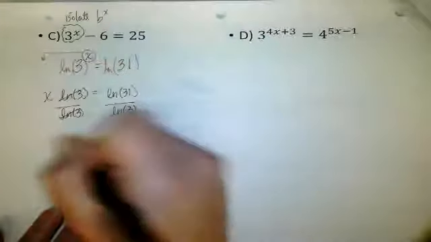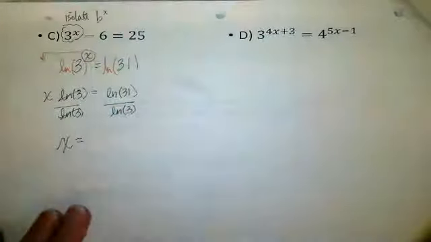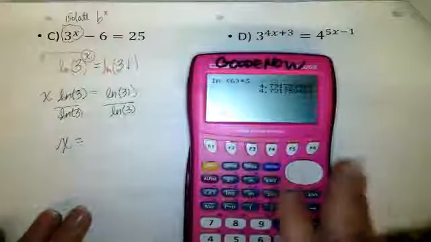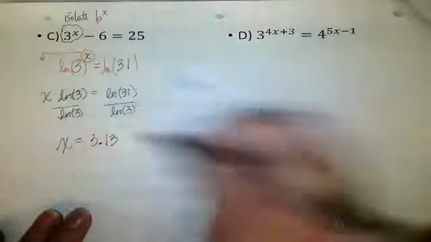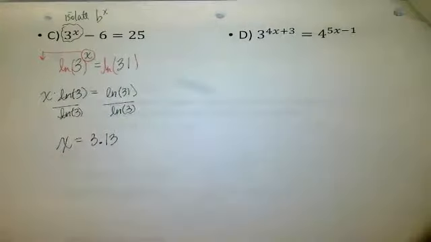Divide by the natural log of 3. So we get x equals 3.13. All right, good. You guys are fast.